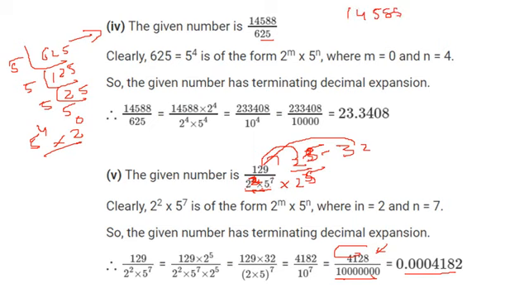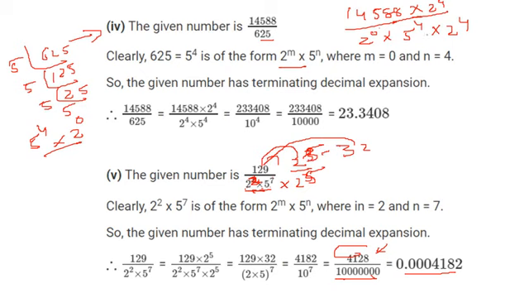14588 now divided by this number, which is 2 to the power 0 into 5 to the power 4. Now what we want is that I want 2 to the power 4 in the denominator. So I multiply 2 to the power 4 in the denominator, because ultimately I want 2 to the power 4 in the denominator, and multiply 2 to the power 4 with the numerator.